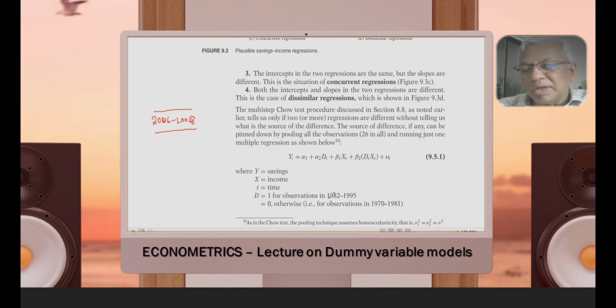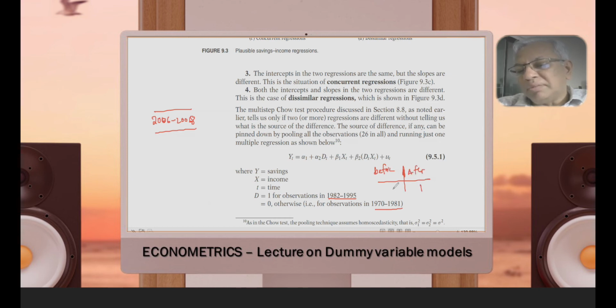So they have used a dummy for 1982, right? And they have said another period of data is without the dummy. So government changes. Take an example whether the Ukraine war has created a change. How to establish? We divide our data into two periods. This is before, and this is after.